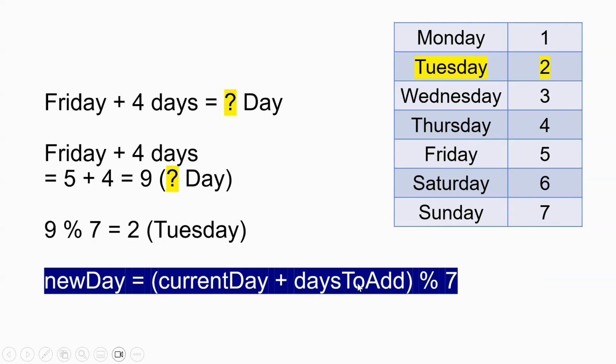Plus the days to add. Days to add is in how many days you and your friends are going to meet. In our case, that's 4, okay, and then modulus 7. So in our case, new day will be equal to 5 plus 4 modulus 7. Okay, and I will get 2, which is Tuesday, which is exactly the same as the calculations that we did earlier.